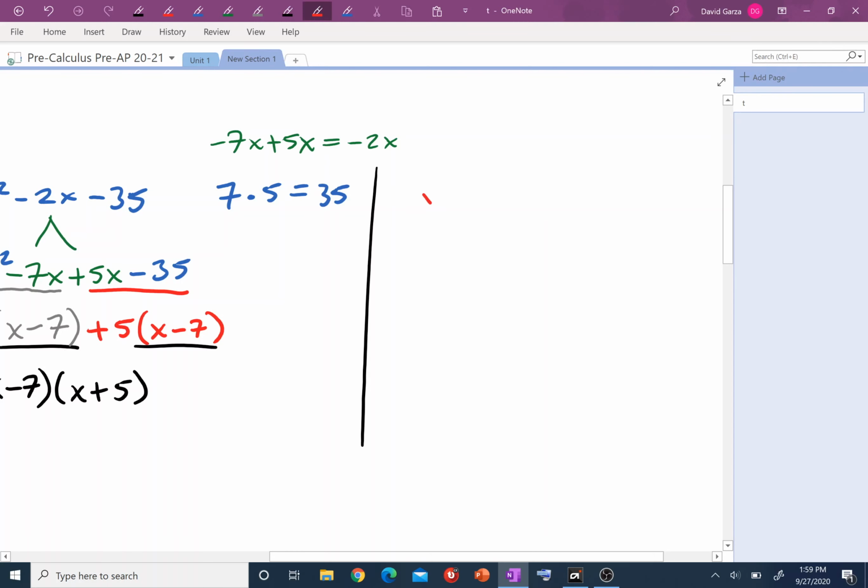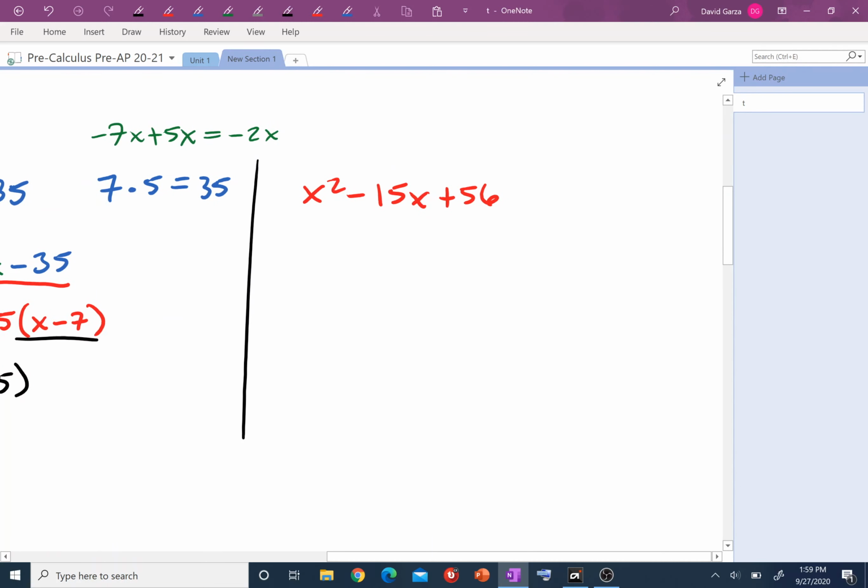So it's going to be x squared minus 15x plus 56, right? In this case, once again, we're going to do the same thing. Let's write out all of the values that when I multiply give me 56, because the coefficient here is 1. So we have 56, right? The first one that comes to mind would be 7 times 8. So 7 times 8 is equal to 56.